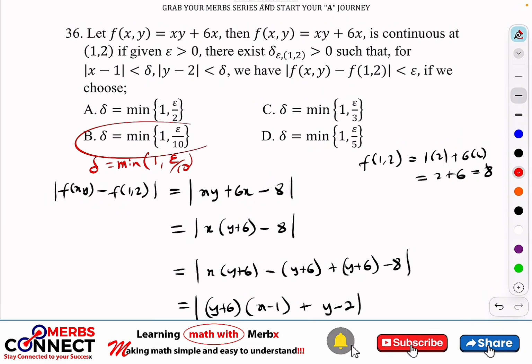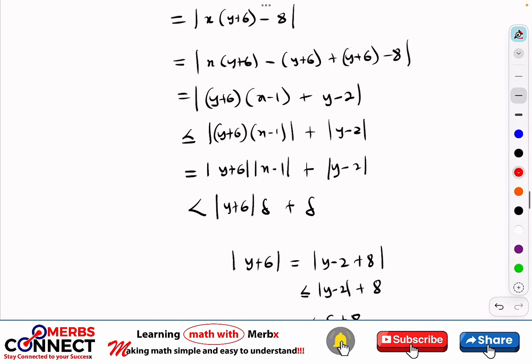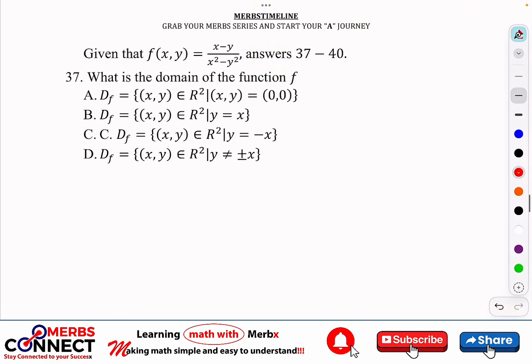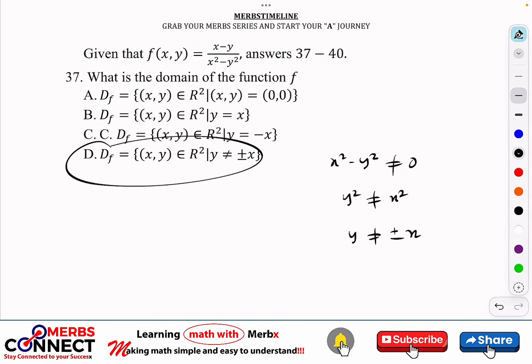So this should be giving us B. Wow. Can I leave this question for you to do? We are finding the domain. So the domain here: x squared minus y squared shouldn't be 0. So y squared is never the same as x squared. Take the square root and y is plus or minus x. So this should be D.